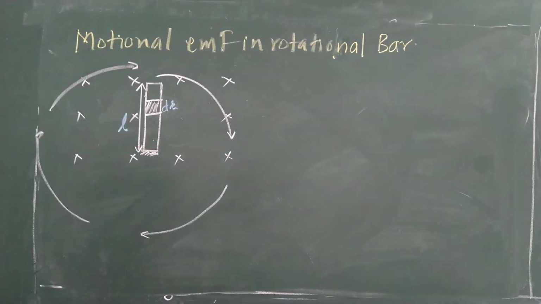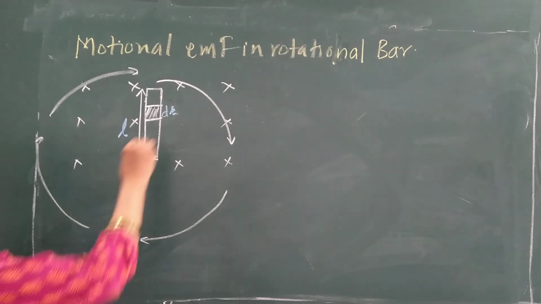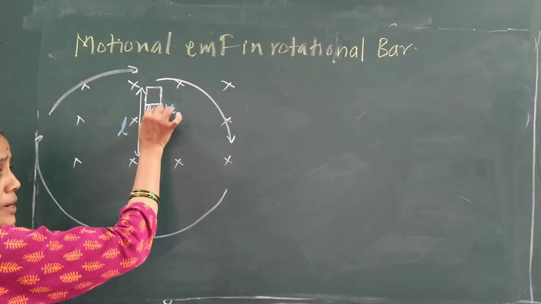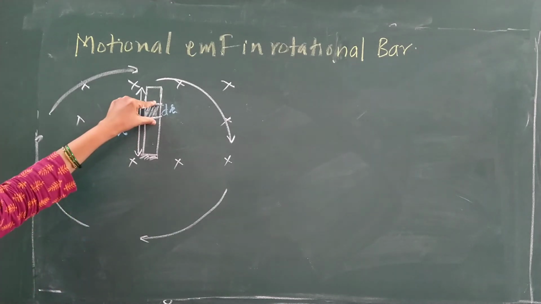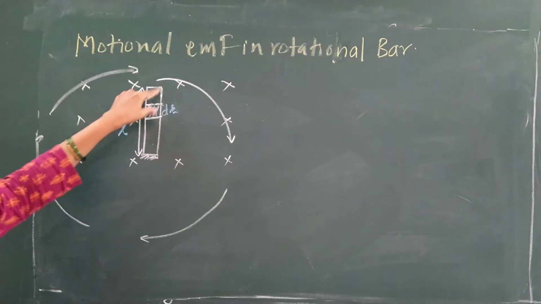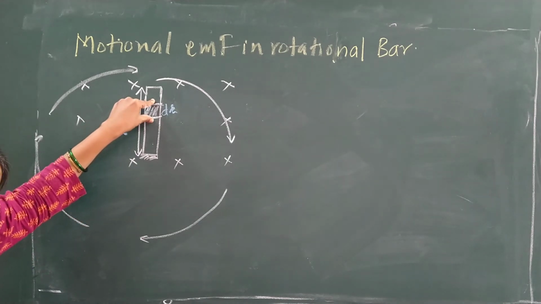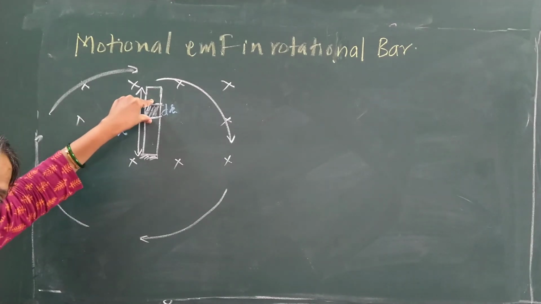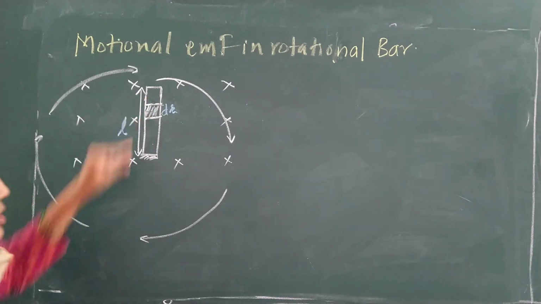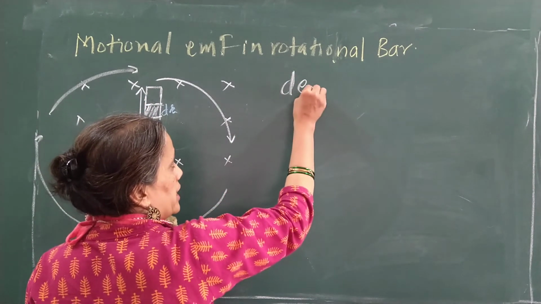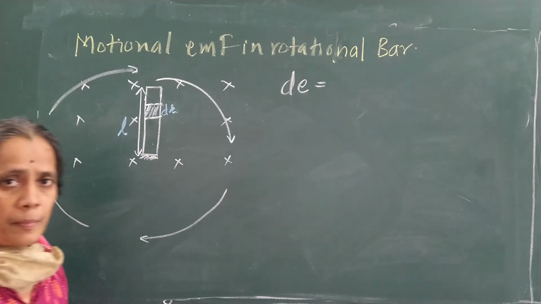Now here I can consider a small length of the bar having length dr, rotating in the uniform magnetic field. So there will be production of induced current. Due to that induced current, there will be development of a small EMF, dE.